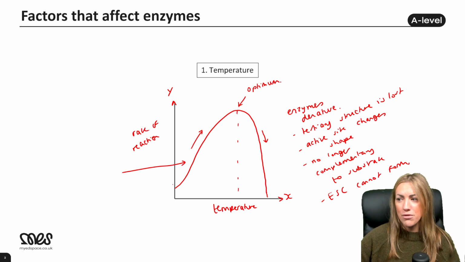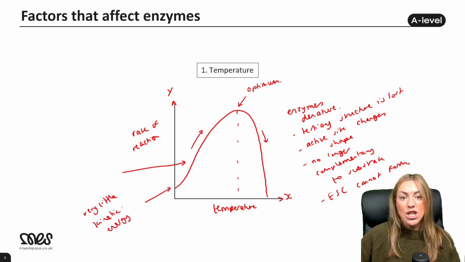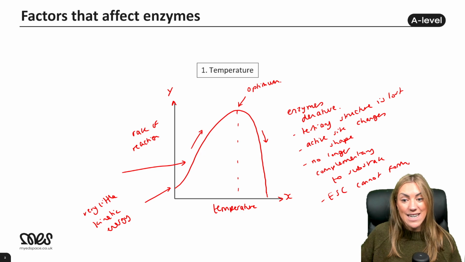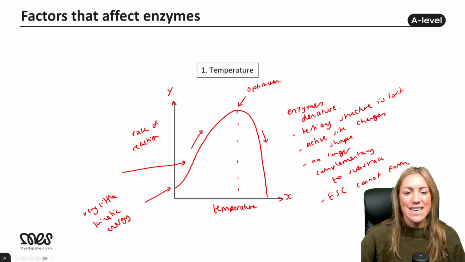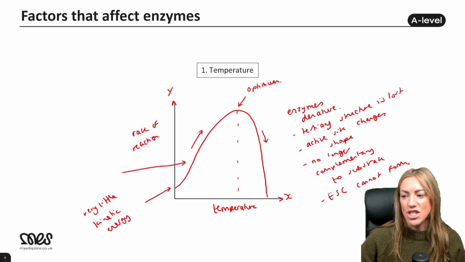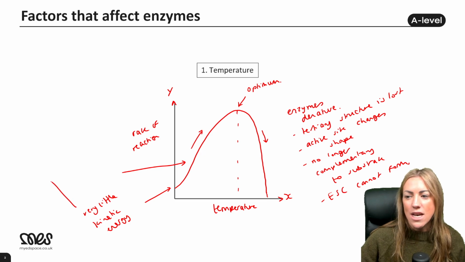At very low temperatures, the reason the rate of reaction is so low, so for example down here, is there's very little kinetic energy. So there's very little thermal energy, so there's very little kinetic energy. And if we've got very little thermal energy, very little kinetic energy, you're going to find that you have fewer successful collisions.